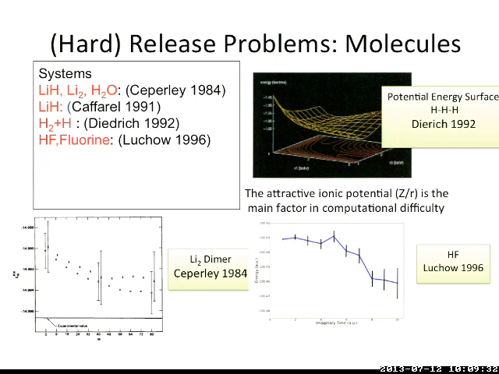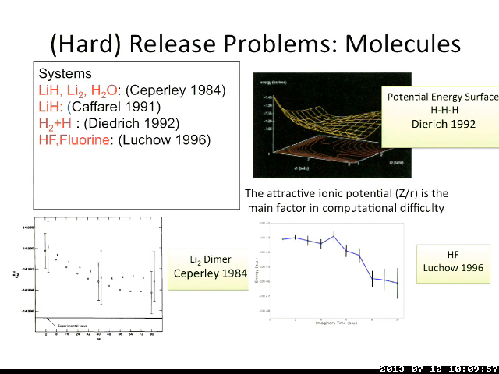Hydrogen is actually a decently easy problem, and you can get quite converged results, but when you start going up in Z, so Li2 and hydrogen fluoride, you can see the calculations look pretty decent, but the error bars are quite large. They certainly look like they've decayed in energy, but within the error bars, they may not have decayed in energy.